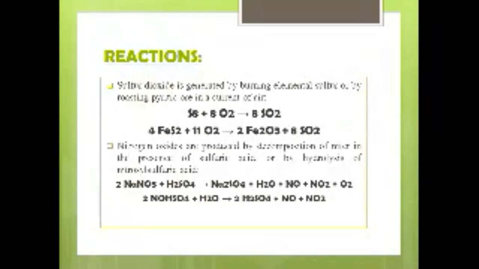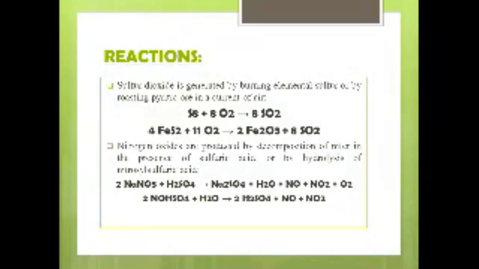So the first is that sulfur dioxide is generated by burning elemental sulfur or by roasting pyrite ore in a current of air. In the first reaction, sulfur reacts with oxygen and forms sulfur dioxide. But when pyrite ore reacts with oxygen, it forms iron oxides plus sulfur dioxide.